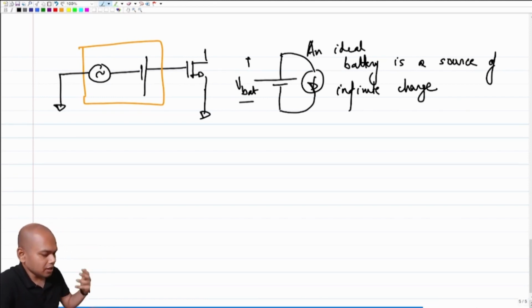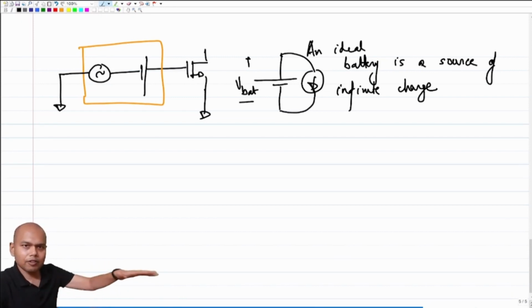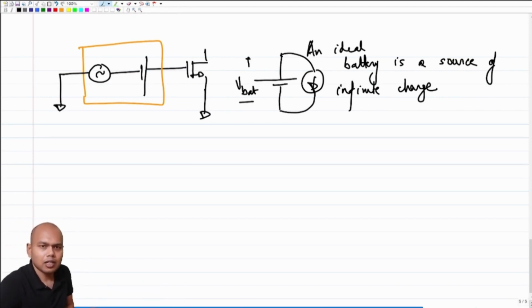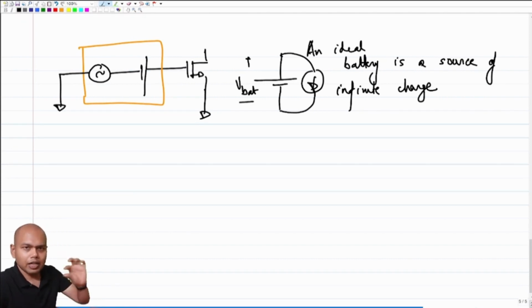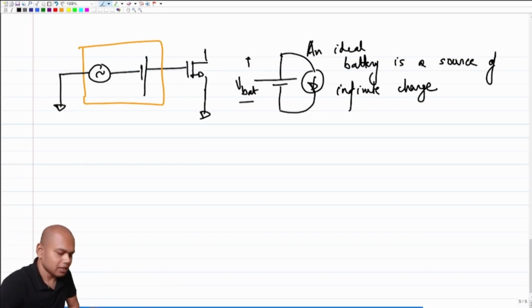So in other words, I can say that a battery is an ocean of charges. Even if you take a few buckets of water out of an ocean, the level of the ocean doesn't really change. Similarly, even if you take a few coulombs of charge out of the battery, the voltage of the battery doesn't really change, right?